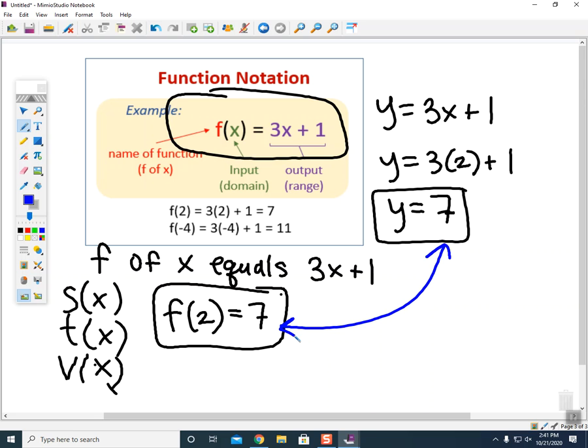Well, my output in this case is 7. My output over here is also 7. The difference between these two ways of writing my solution is that in this case, I have my input value of x, and I have my output value of 7.